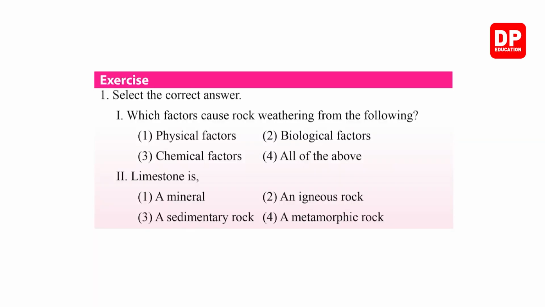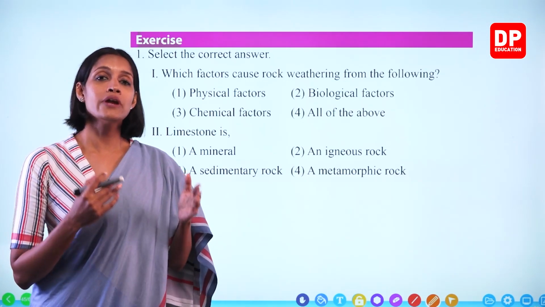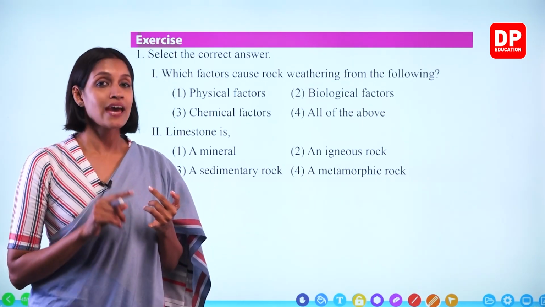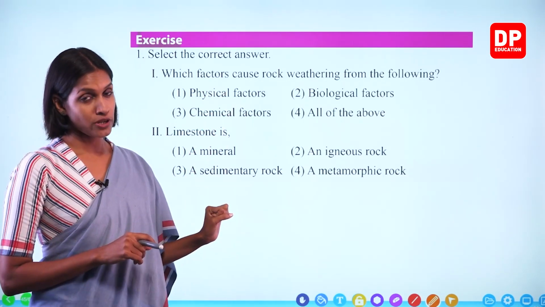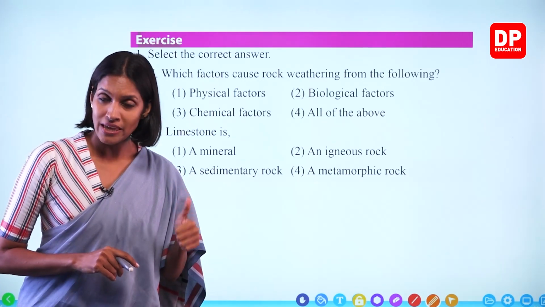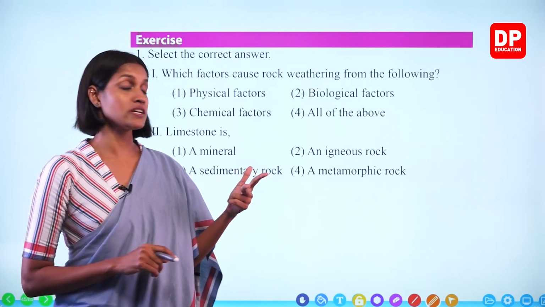Select the correct answer. Which factors cause rock weathering from the following? What is the meaning of rock weathering? Breaking down of rock due to water, wind and heat and then formation of soil. There are 3 ways rock weathering takes place: mechanical weathering or physical weathering, chemical weathering and biological weathering.